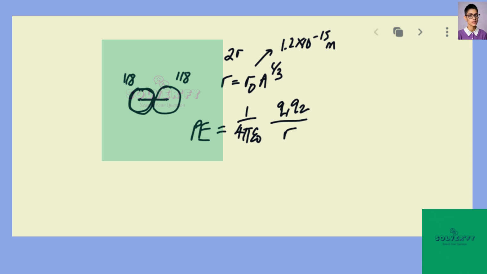So uranium has 92 protons, divided by 2, we should have 46 protons each. So the charge should be 46 times the elementary charge. And the R in this case should be 2R, the distance between the two centers.